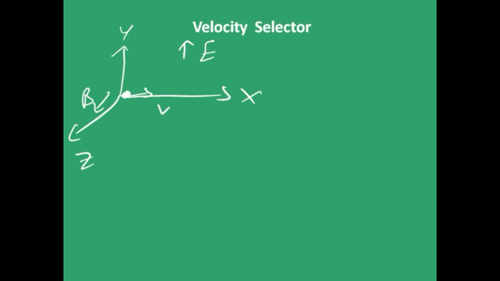Now, because of this magnetic field, by the right hand rule, my magnetic force will be in this direction. And it also experiences an electric force because of this electric field. It will be in this direction, Fe. So my net Lorentz force will be q times E plus v cross B.